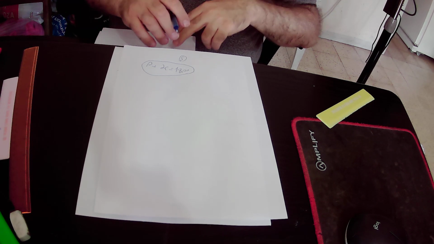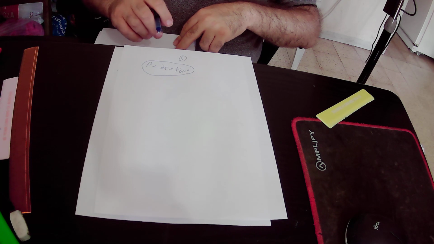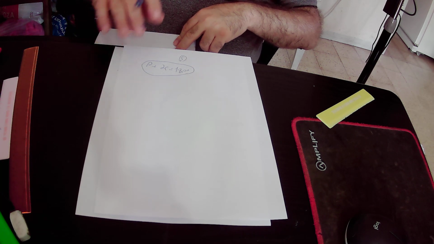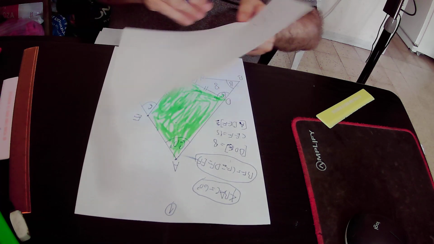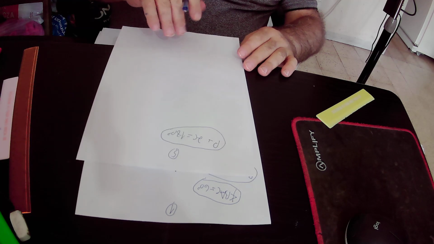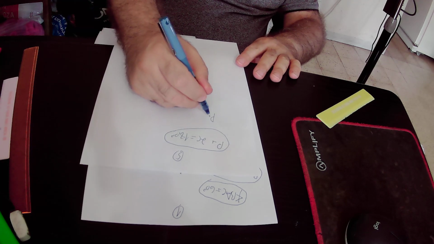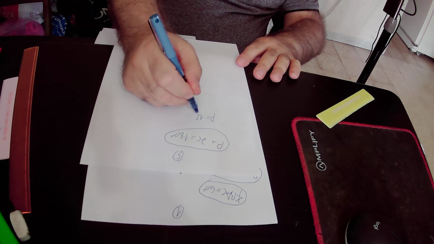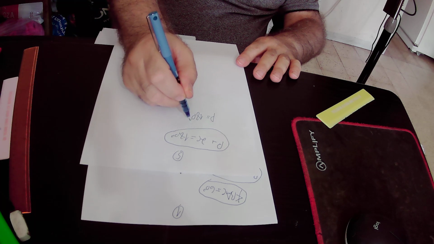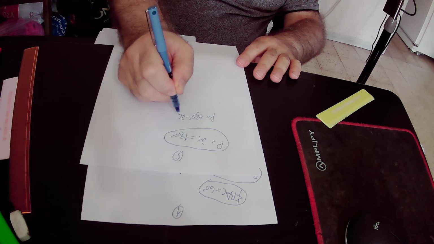Here we will subtract 2C from this equality, and we will get that P equals 180 degrees minus 2C.